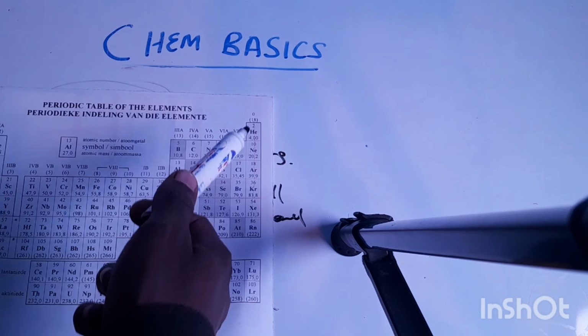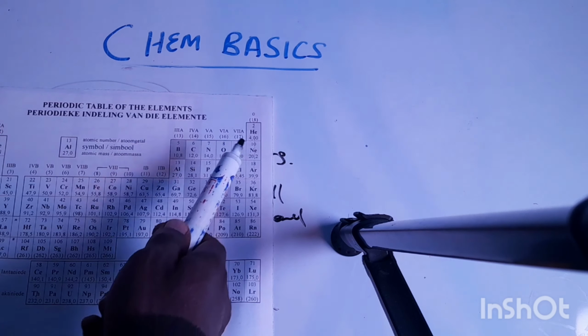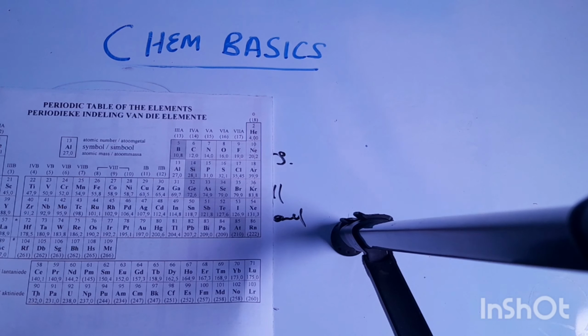Group 8 has 8 electrons at the outermost, except for helium, which has 2 electrons at the outermost energy level. I'll explain how this helps us.